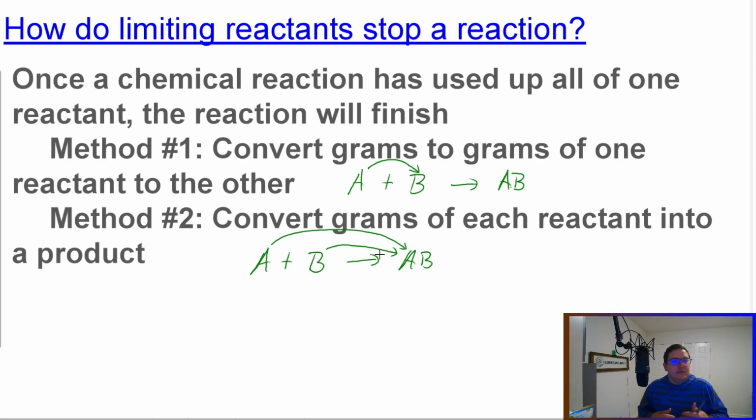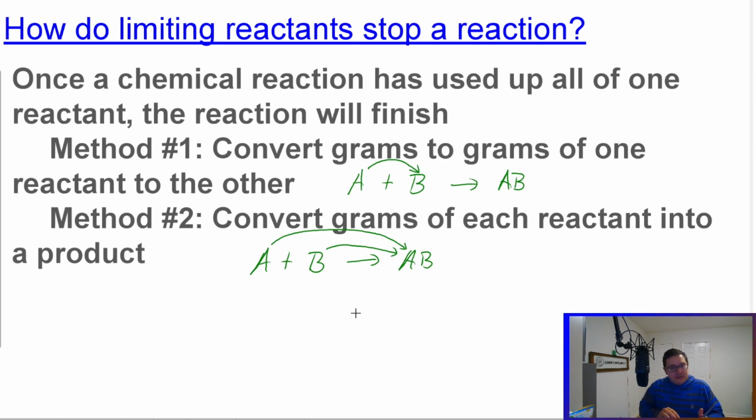What is preventing us from doing this? But if we're looking for how much you would make, method 2 is going to be actually better. Because theoretically, back to my bicycle tire example, if I had 1,000,000 bicycle tires and only 3 bicycle frames, we could make 3 bikes. That's all we can make. And sometimes it's more helpful to convert into that.